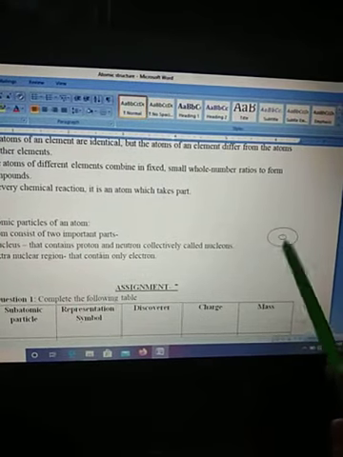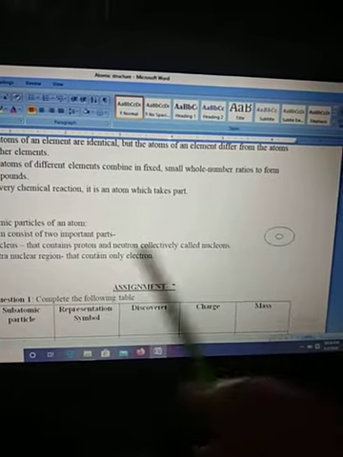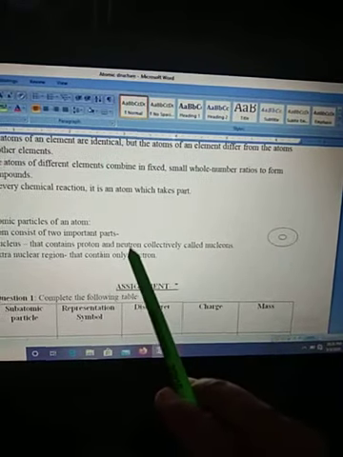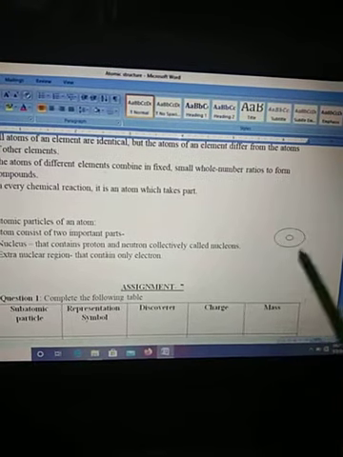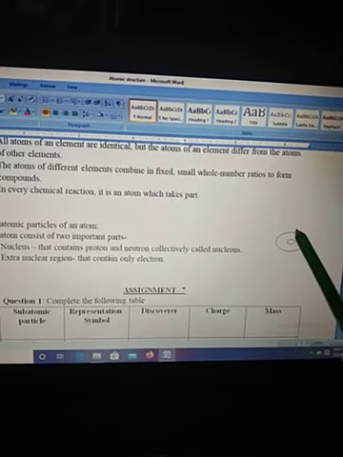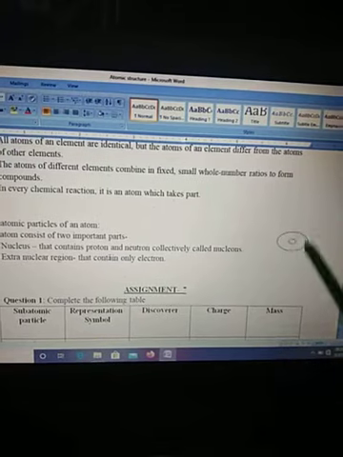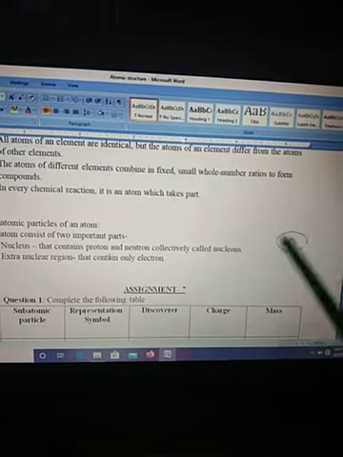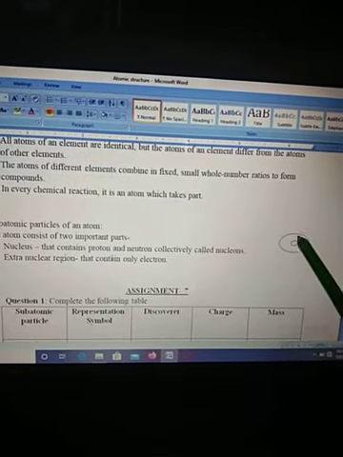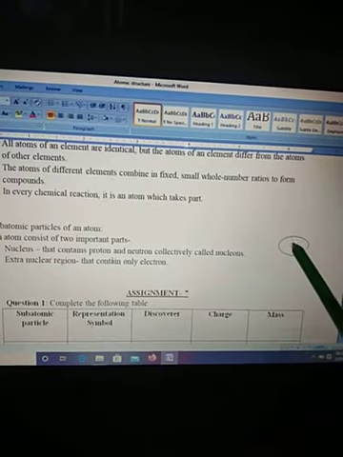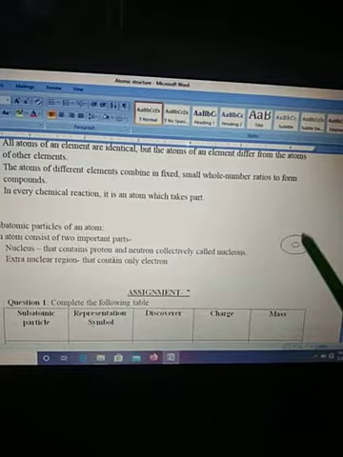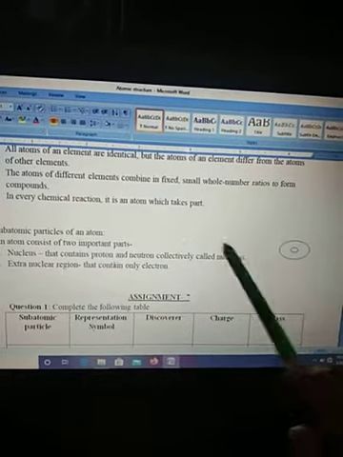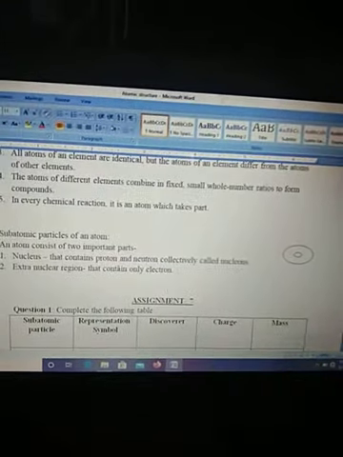This nucleus contains two subatomic particles. They are called protons and neutrons. Collectively we call them nucleons as well. Whereas outside the nucleus we have the orbits in which the electron revolves. The particle that is present outside is known as the electron. So the subatomic particles of an atom are proton, electron, and neutron.